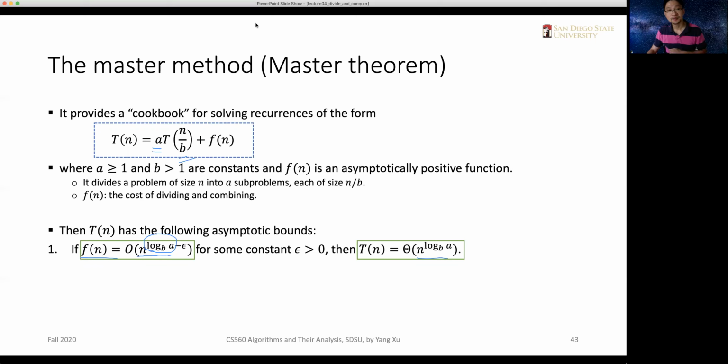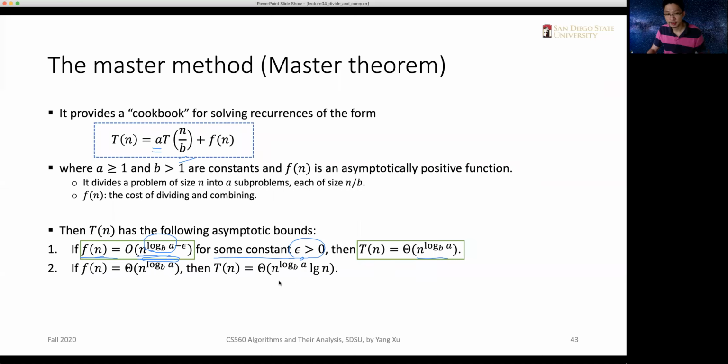It has some technical details: we need to define some constant epsilon so that the polynomial function is a polynomially higher upper bound. We'll see a counterexample where this function can be an upper bound, but that upper bound is not polynomially higher than f(n). So that's case 1.